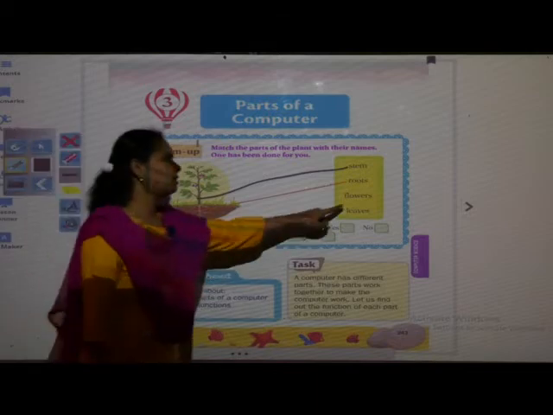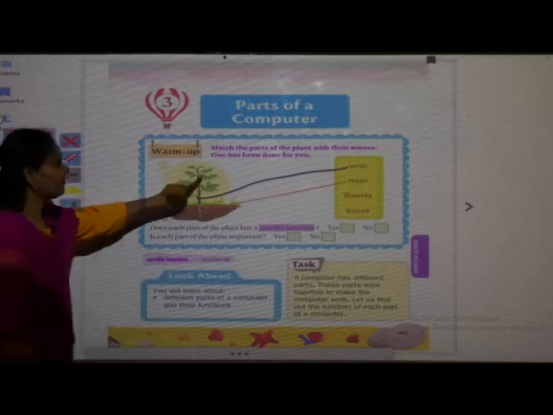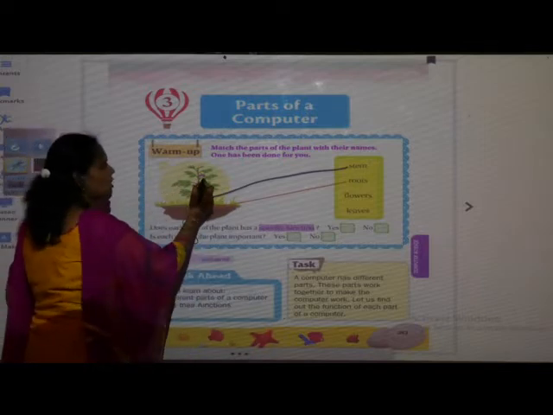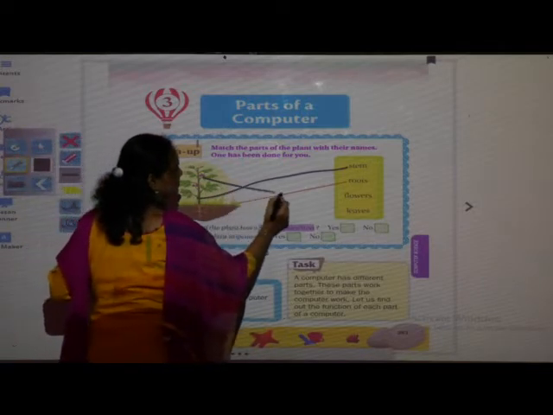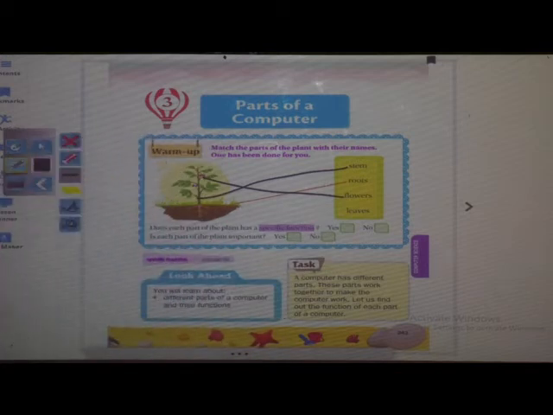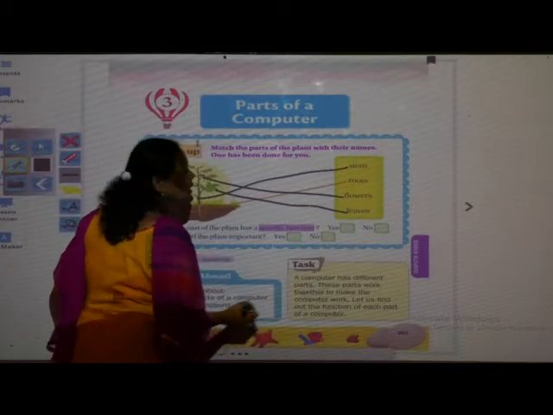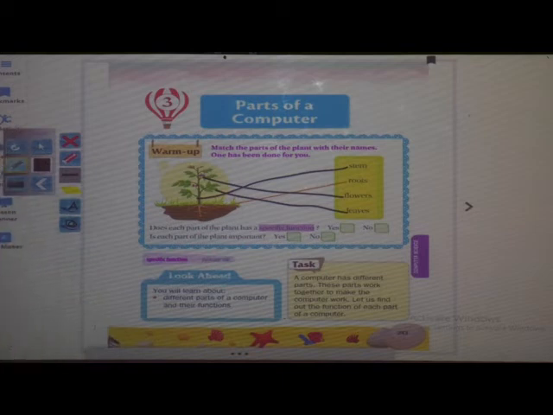Next, flowers. Can you see a violet color flower? Yes. So join it. Next, leaves. You have to draw a line from the leaves picture to the leaves written word.